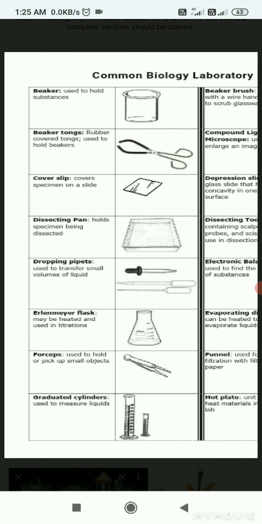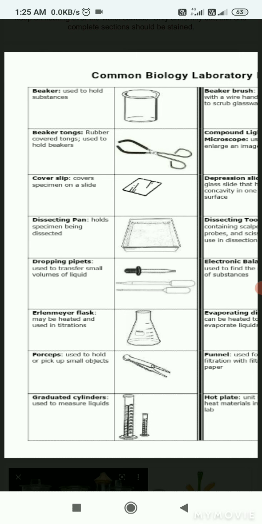This one is the beaker, and below that there is a beaker tongs which is rubber covered and used to hold beakers. This is the cover slip which is square in shape. This one is the dissecting pan. Below that there are different types of dropping pipettes, and here is the conical flask.